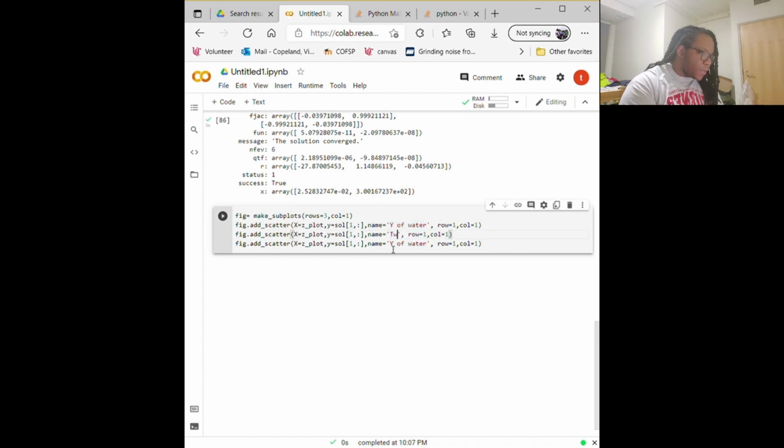This is going to be our temperature of our gas, TG. And thus, in order to separate these, I'm going to change these to 2. This is going to be row 2. That's what the row is to separate them. And this will be row 3.